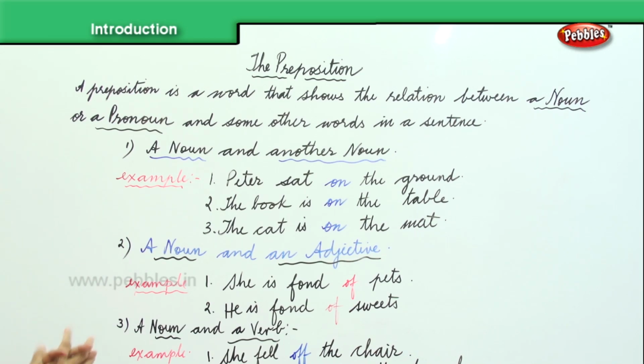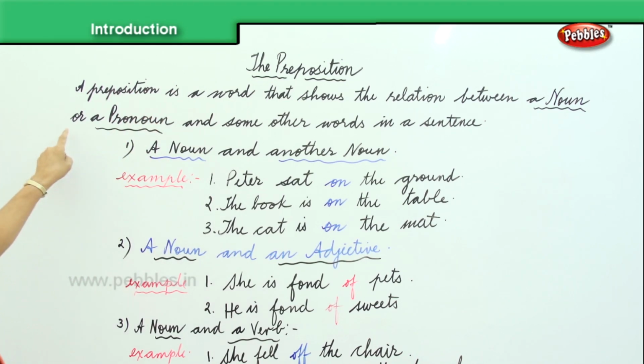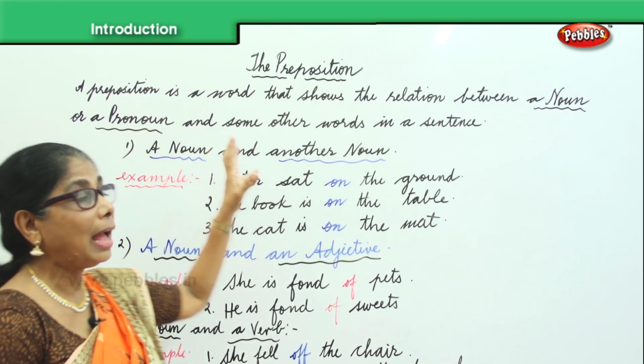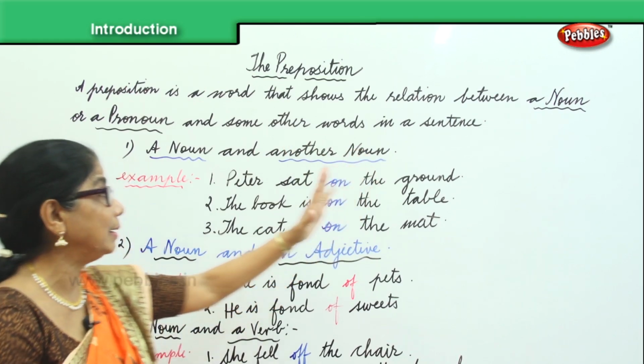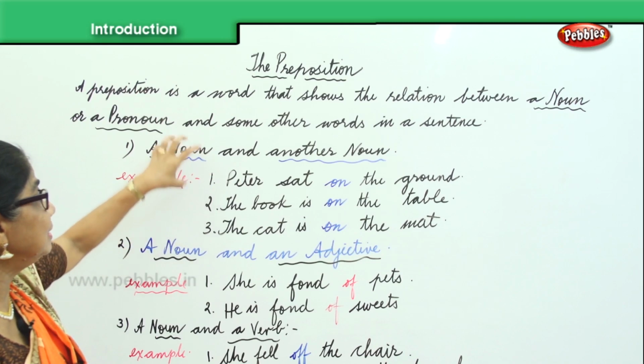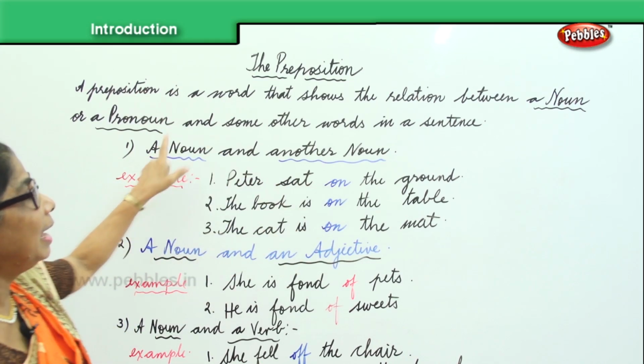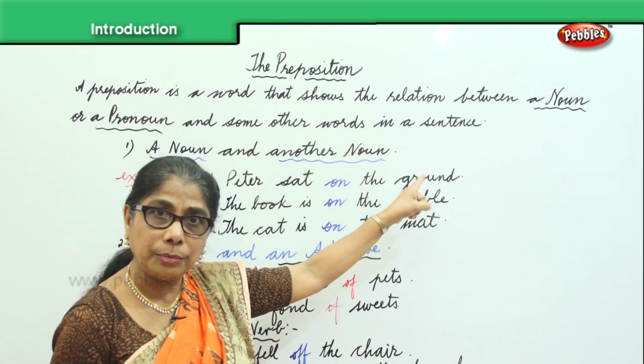What is a preposition? A preposition is a word that shows relation between a noun and a pronoun and some other words in a sentence. Now, in these three sets of sentences, the preposition on shows relation between a noun and another noun.